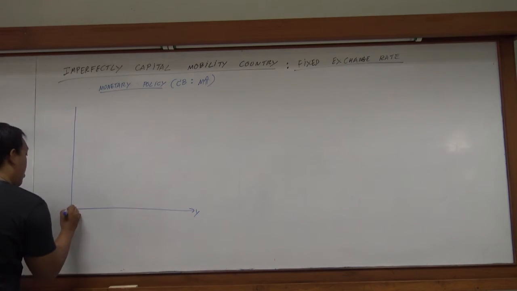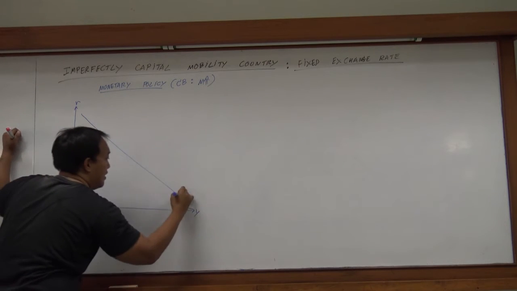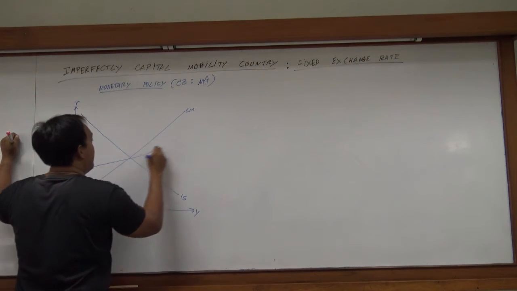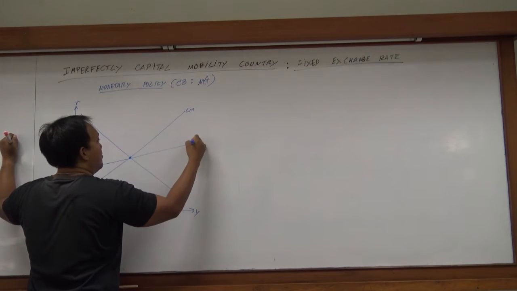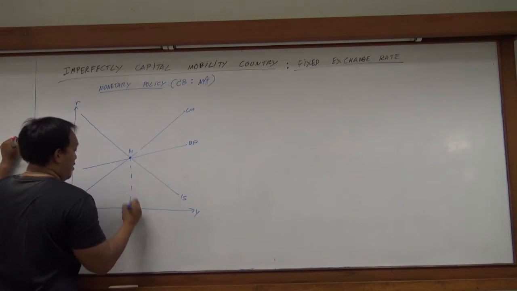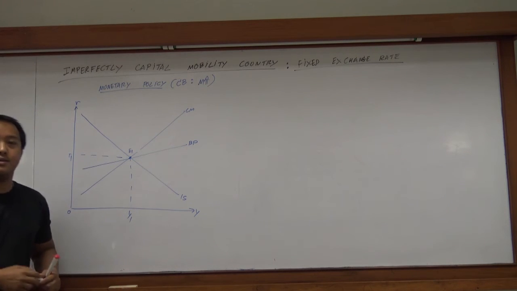Y on one axis and R for the real interest rate on the other. You have the IS curve, the LM curve, and the BP curve. This is point E1, Y1, and R1.